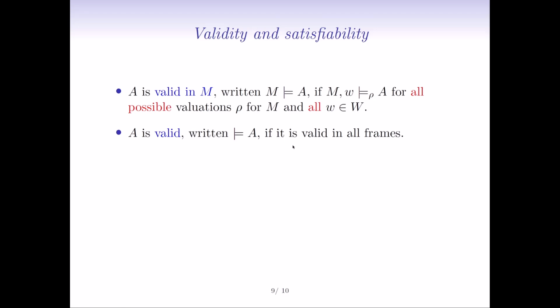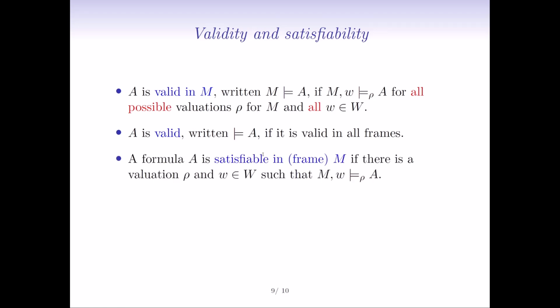And the formula is simply valid if it's valid in any frame. So in other words, no matter which set of possible worlds and which accessibility relation we take, the formula always turns out to be valid in that frame. And similarly, a formula is said to be satisfiable in a frame if there is some way of making it true.